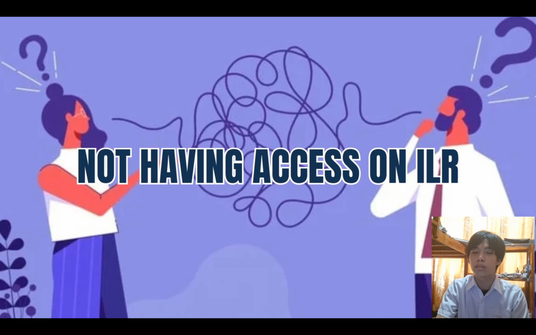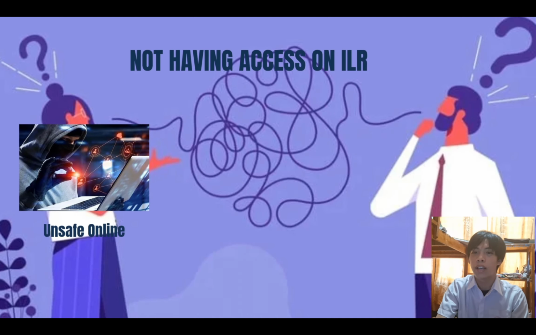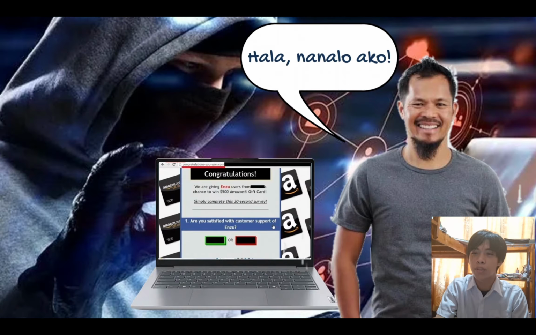Well, here I'm gonna show a second example of a language barrier. A second part of a language barrier is not having access to ILR. When you don't have access to ILR, it creates an unsafe online environment. An example of this is this guy thought he won money. Hala, nanalo ako.